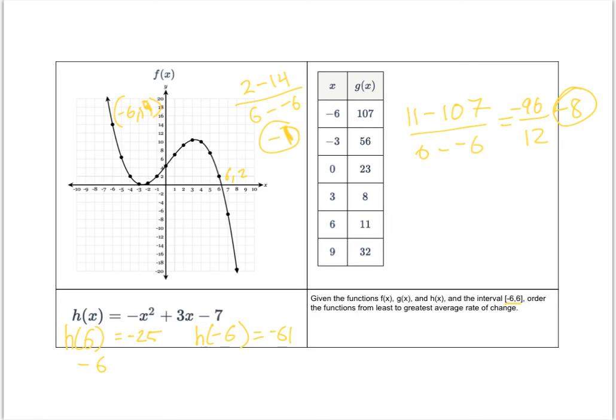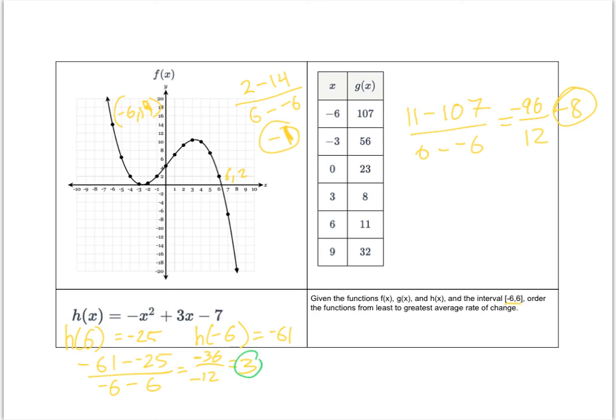So negative 61 minus negative 25 over negative 6 minus 6. We've got negative 12 on the bottom. And 61 minus 25 should be 36, and that's in the negatives as well. So we end up with 3 as our rate of change there.